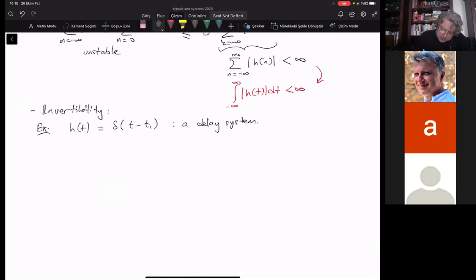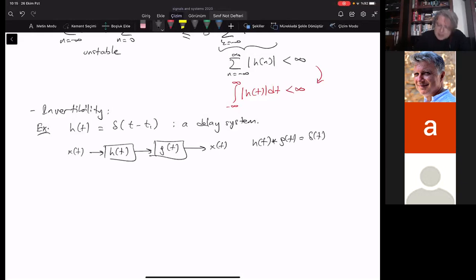What you really have to do is find the inverse system of h of t if you claim that it is invertible. Like x of t goes into h of t, and you have to find a g of t which will again give you x of t, which means h of t convolved with g of t must be the impulse, delta t, because when you convolve with delta t, you get the same thing. So this whole thing must be delta t.